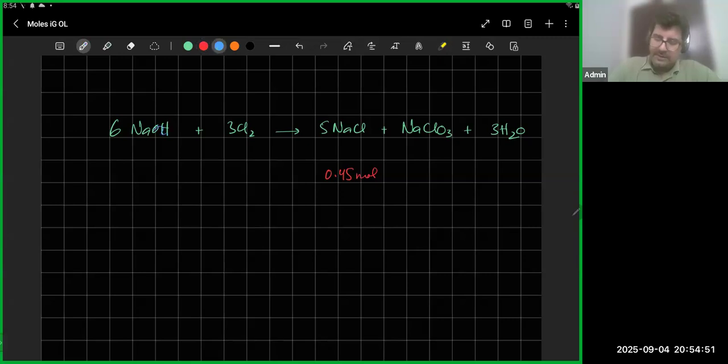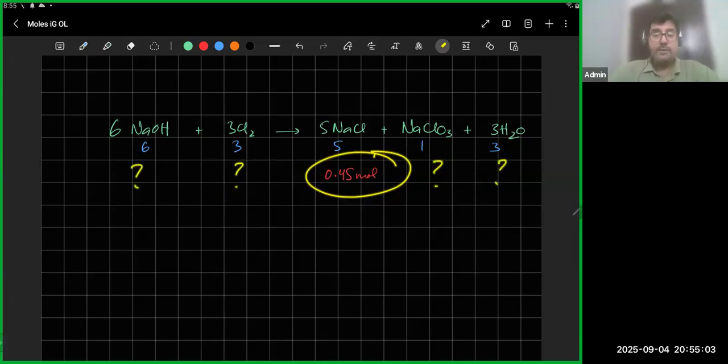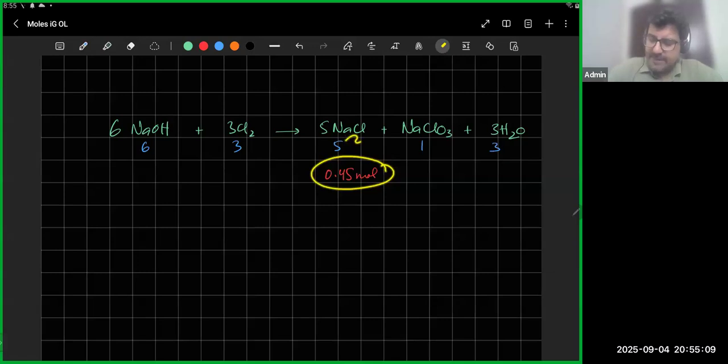I know what the ratio is. It's 6 ratio 3 ratio 5 ratio 1 ratio 3, right? So if I know the moles of this thing, I'll be able to figure out the moles of every other substance in the equation. I would know what the quantity of the other substance is. और क्या करना है? It's going to be, take this mole, divide it by its own ratio, multiply it by the ratio of the other substance, right?